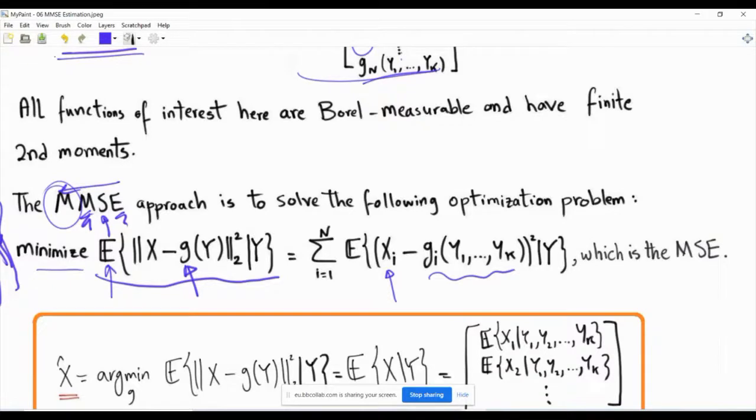But to be able to solve the problems and proceed in this course, you may ignore the proof and just take it for granted that the functions g that minimize the mean squared error are the conditional expectations of the x's given the y's.